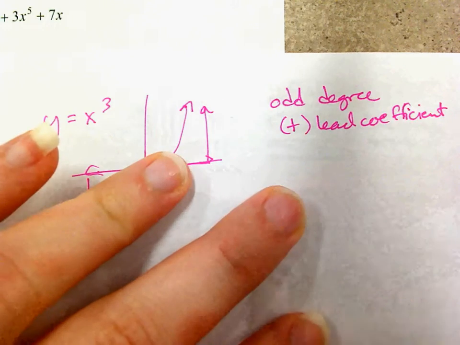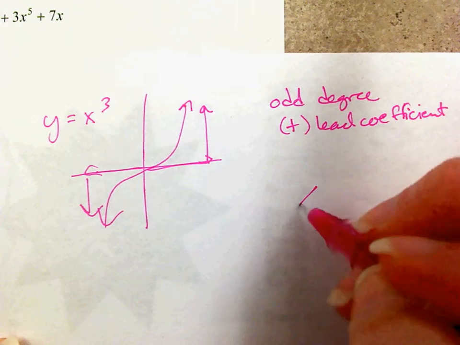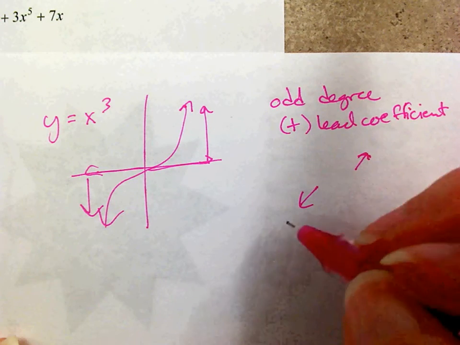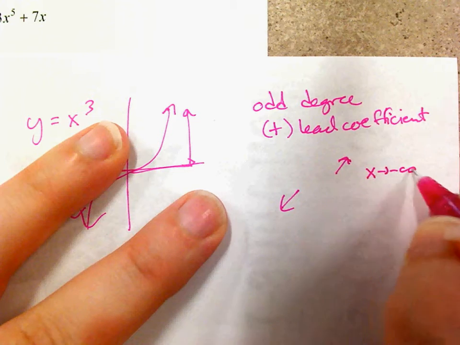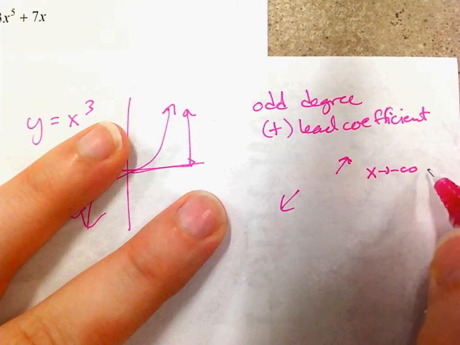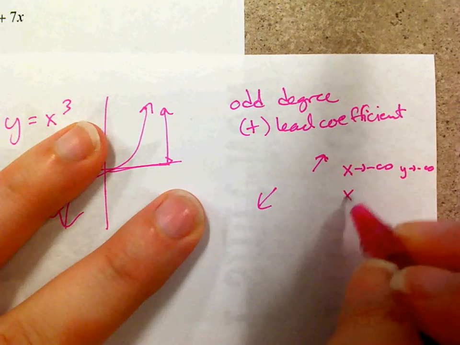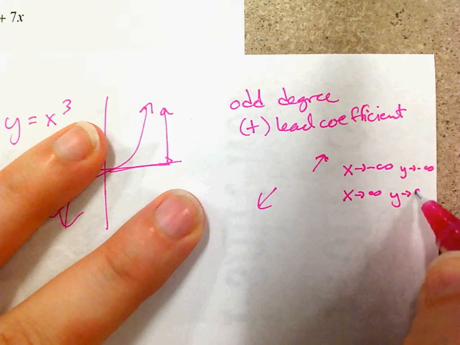That's the most important term. It's the strongest term. If you have a positive lead coefficient, then in general you start from below and you go up. You can do all sorts of things in the middle, but you start from below and go up. So as x goes to negative infinity, y goes to negative infinity. As x goes to positive infinity, y goes to positive infinity.